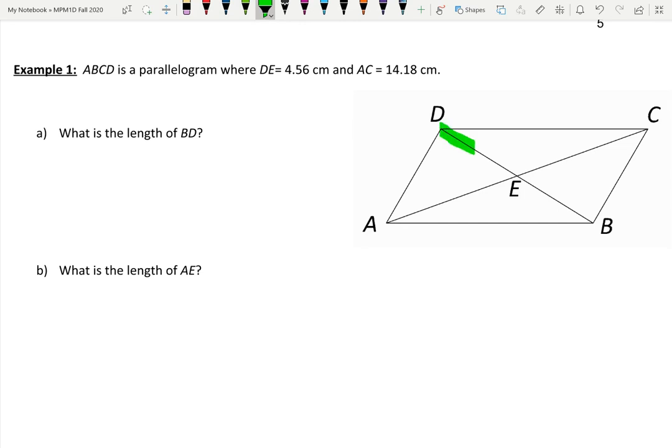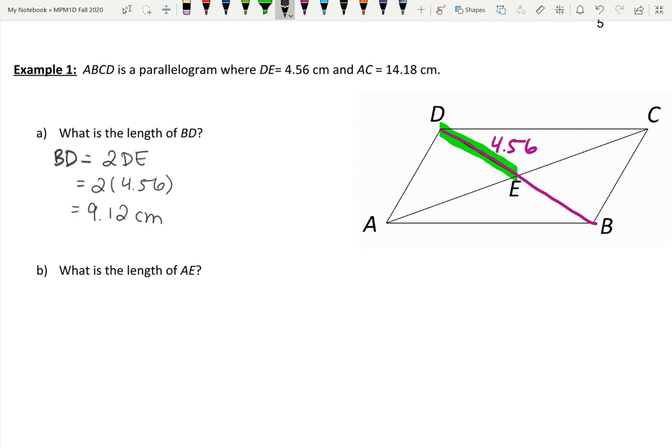Okay, so DE we know is 4.56. So from D to B, it would be double that. So BD is equal to 2DE, which is equal to 2 times 4.56, which is equal to 9.12 centimeters.